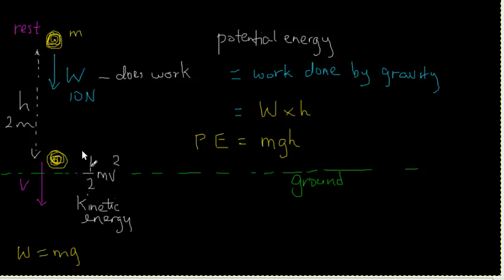So it will be actually equal to this kinetic energy, and therefore we can say that this mgh, this potential energy, is equal to the half mv squared, because we know that work done is equal to kinetic energy, as we've seen in an earlier video, and that's the kinetic energy.